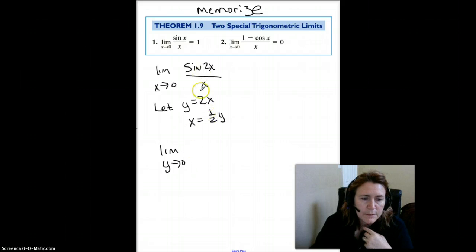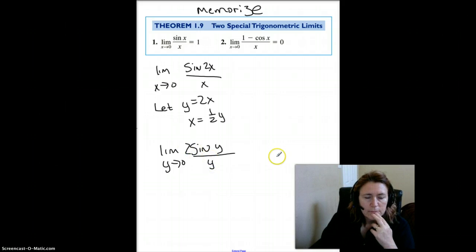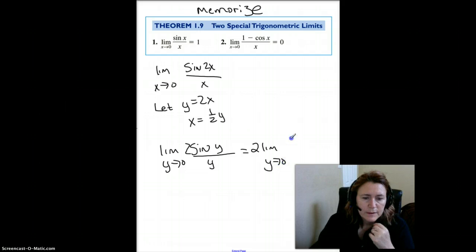And I'm going to plug in sine of y divided by, now x is 1/2 y. Did I do that right? Sine 2x. Okay, so that's right. So this becomes 2 times the limit as y goes to 0 of sine of y over y over 2.